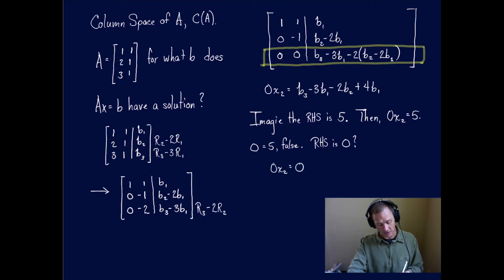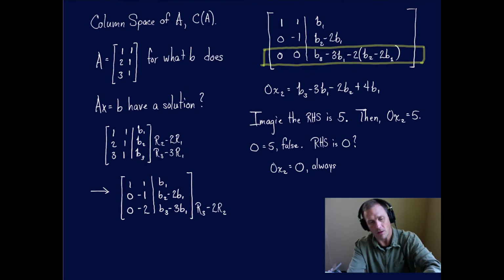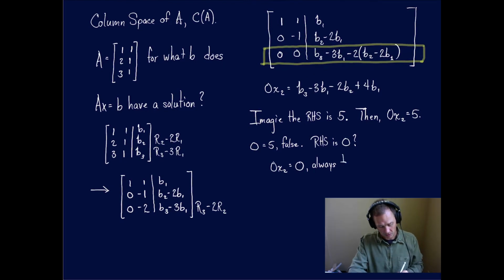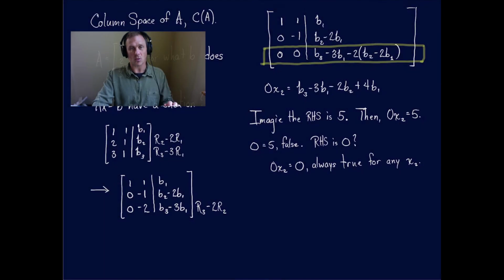This is always true, for any x2. So what does that tell us? That tells us this, that in order for this system or this matrix equation to have a solution, then that right-hand side has to be 0.